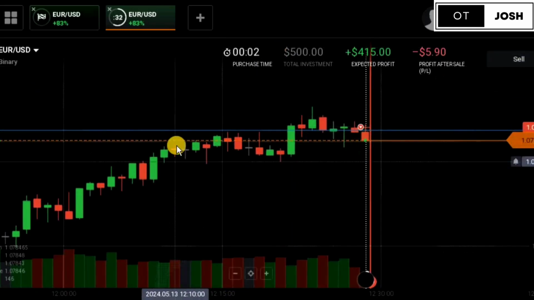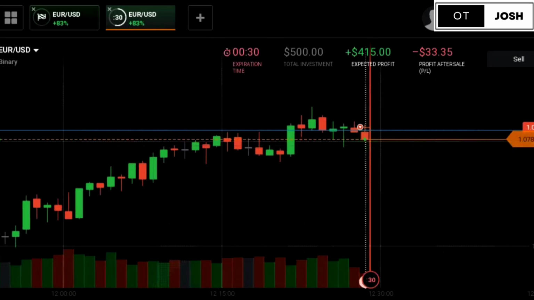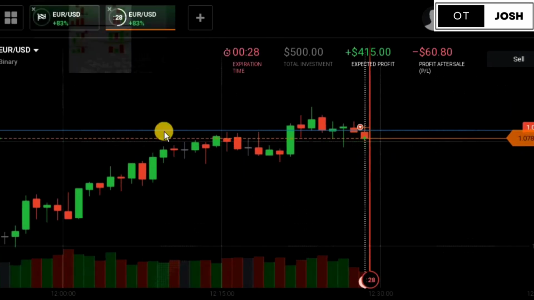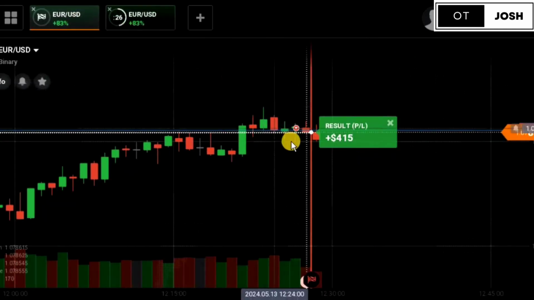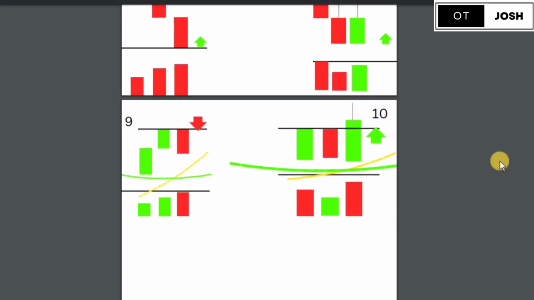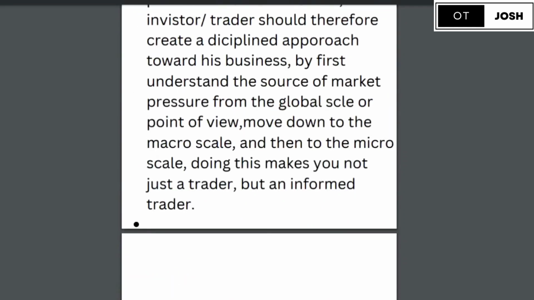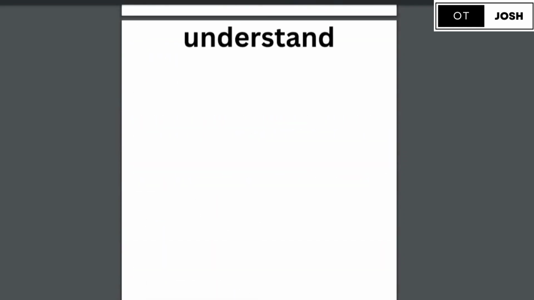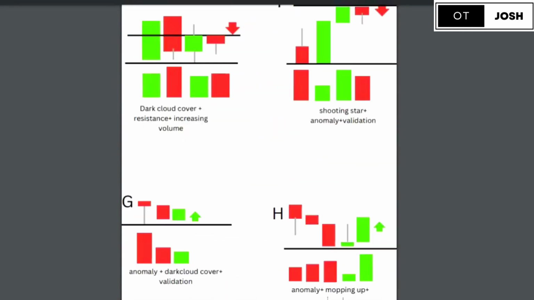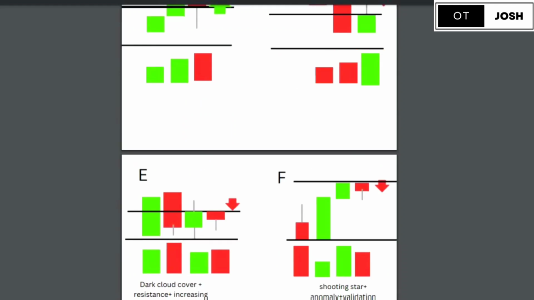So let me see, I think there is the first trade we took, which is this trade. I have a pattern like that here, whereby we have two retracement candles. Let me see if I have it here. Okay, something like this, whereby we have the end of the trend.